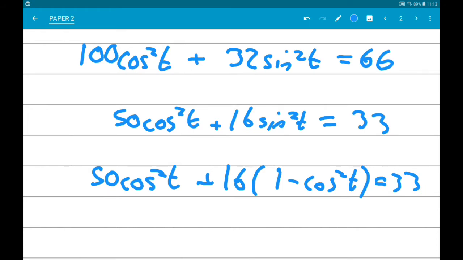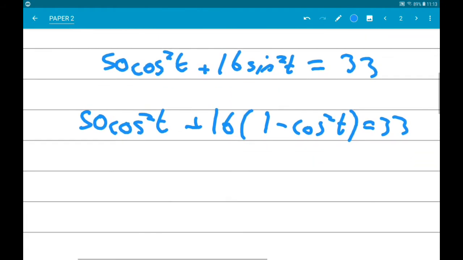Alright, now then, so now we have 50 cos squared minus 16 cos squared, so we have 34 cos squared t add 16 is equal to 33.